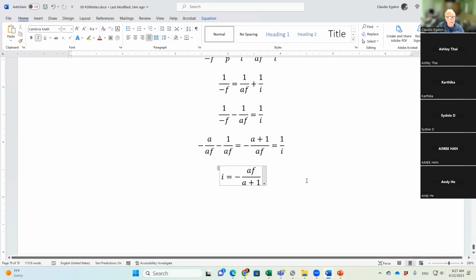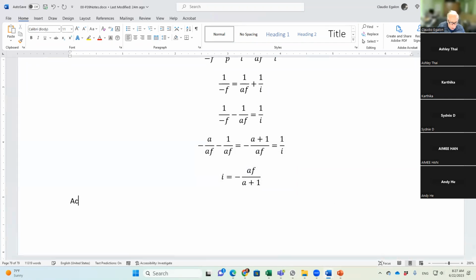F is positive, A is positive. This is positive according to this equation, so I is always less than 0. Always. I is always negative.